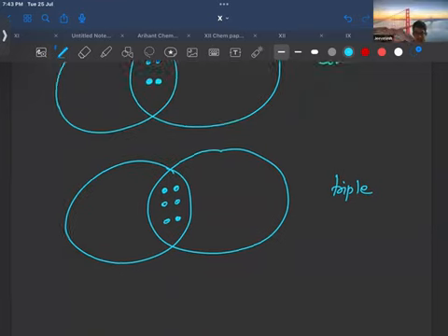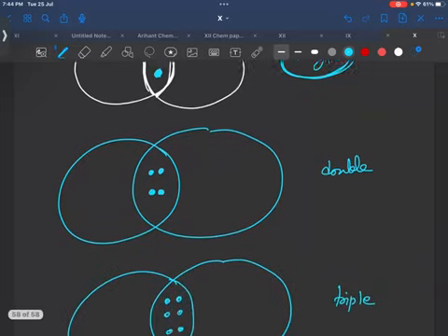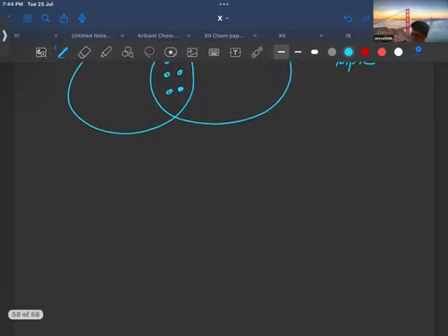Can you go a little up? Sir, for the single bond, is it necessary to draw the electrons vertically, or is it possible horizontally also? Draw it however you like.